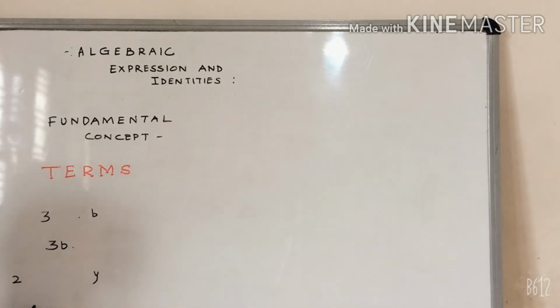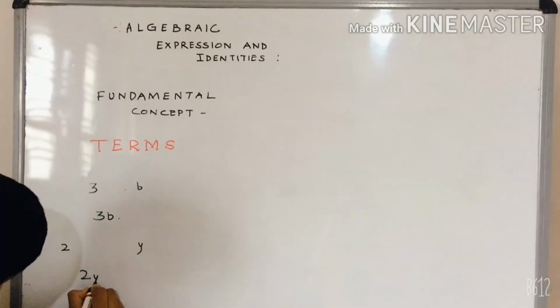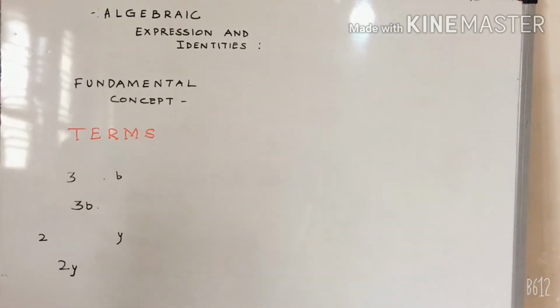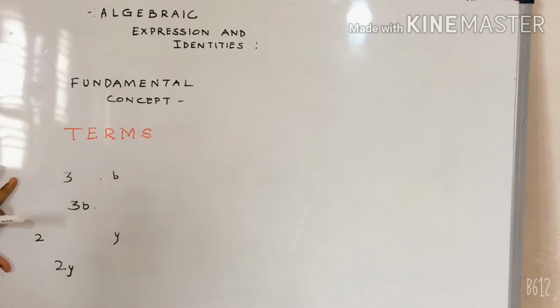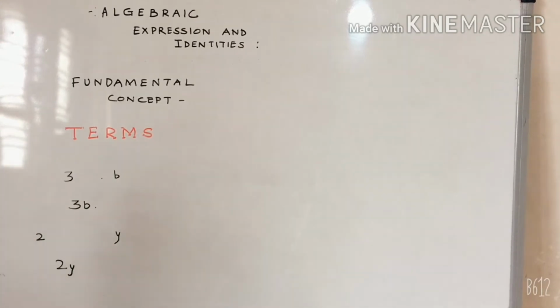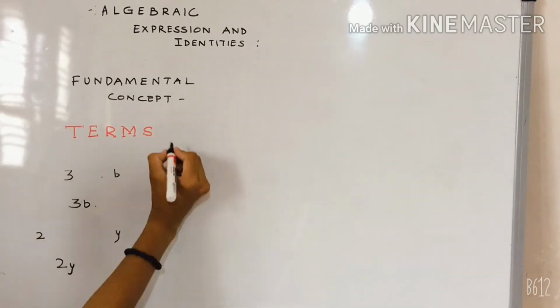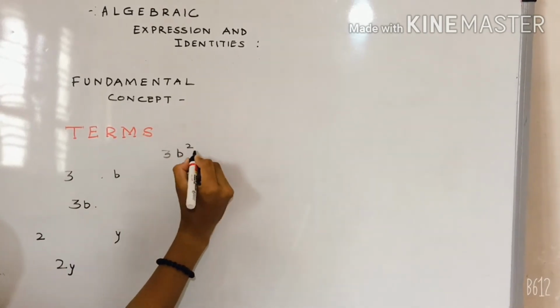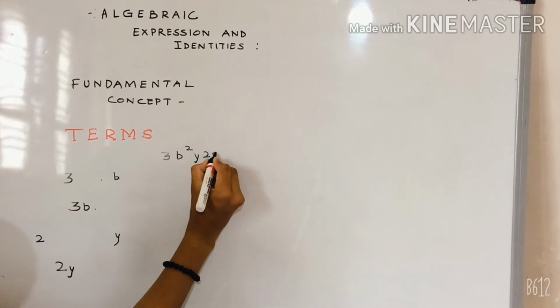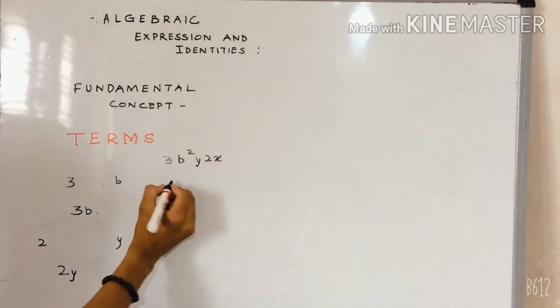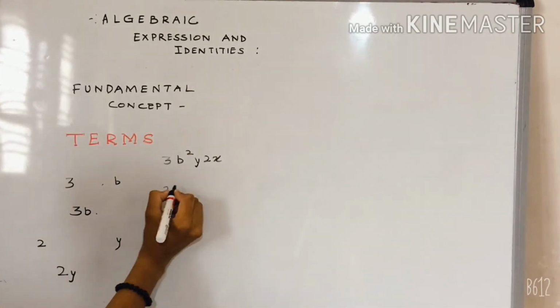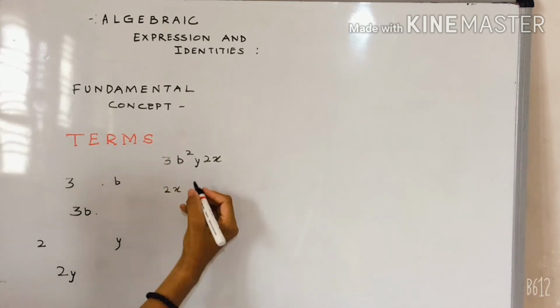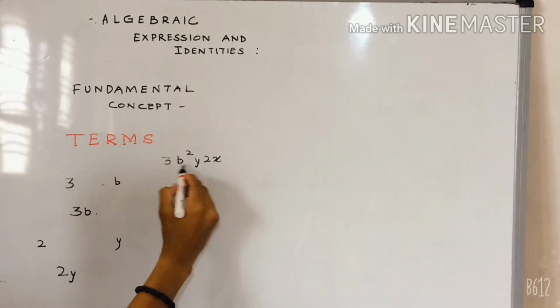When they combine, 2y, we get a term. These are known as terms. A term can be big, like 3b square y, 2x, or it can be just 2x. It can be short or it can be big.